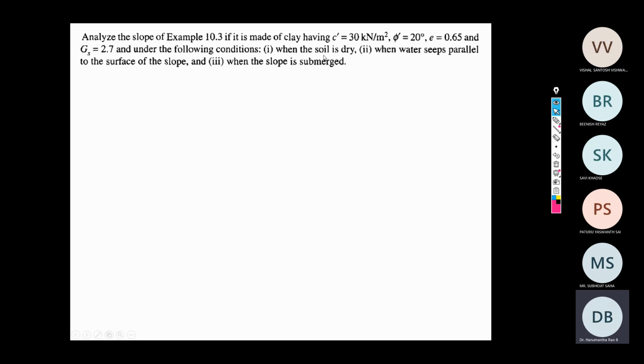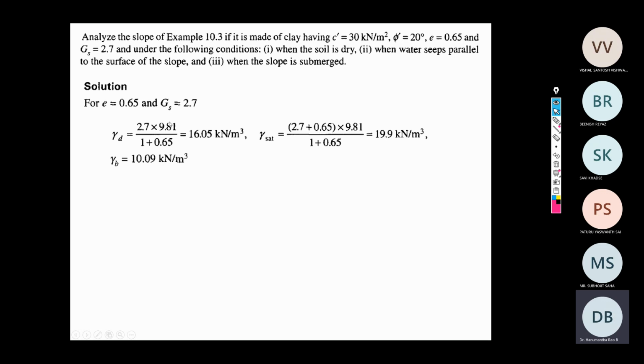So when the slope is dry, what would be the height of the slope for this given data, when c dash is 30 kilopascal and phi dash is 20 degrees? But to calculate the density values, the void ratio e of 0.65 and Gs of 2.7 have been provided. So based on the given void ratio and the specific gravity, we can calculate the dry density or the saturated density.